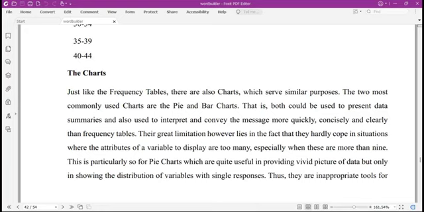This is particularly for pie charts, which are quite useful in providing a vivid picture of data, but only in showing the distribution of variables with single responses. So when you use pie charts, just looking at it, you'll be able to interpret the result. But when those segments are too tiny, it will be very, very difficult for you. Thus, they are inappropriate tools for variables associated with multiple responses from the units of the study.